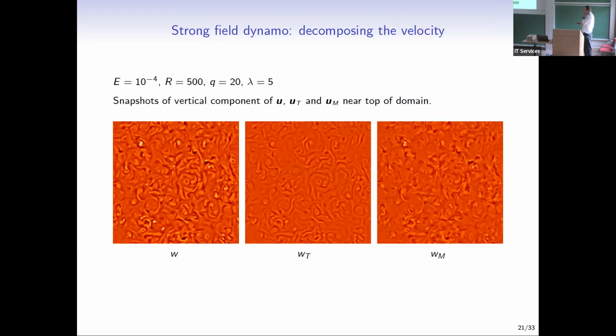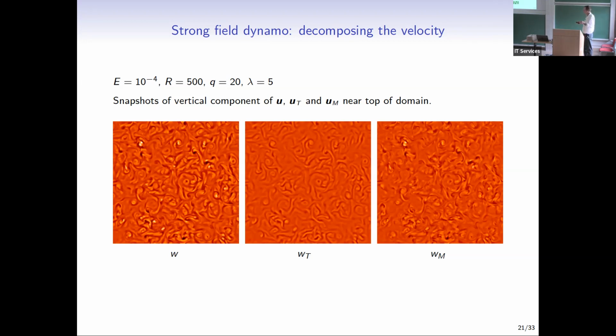And we can look again at these. So this is definitely a strong field dynamo. You can see that this is the full velocity, this is the thermal velocity, which is taking a back seat in some sense, except it's driving the whole thing. And this is the magnetic velocity, which looks more or less like the full velocity.